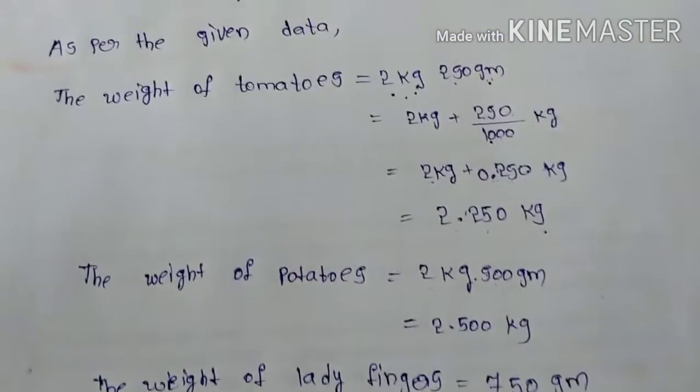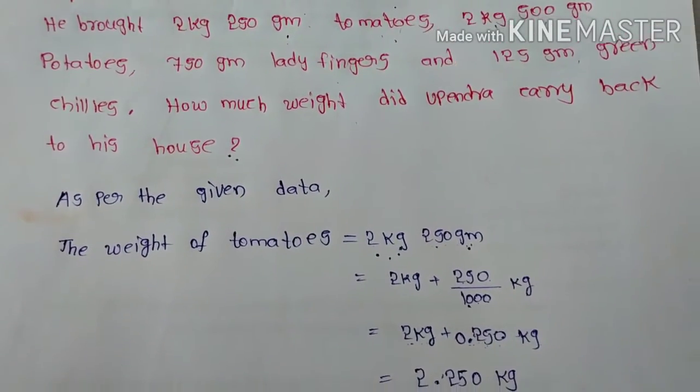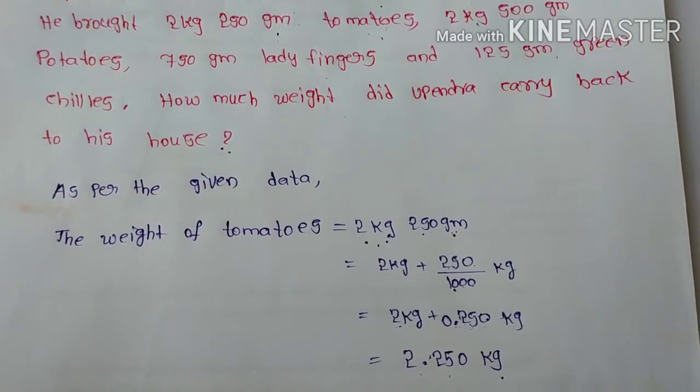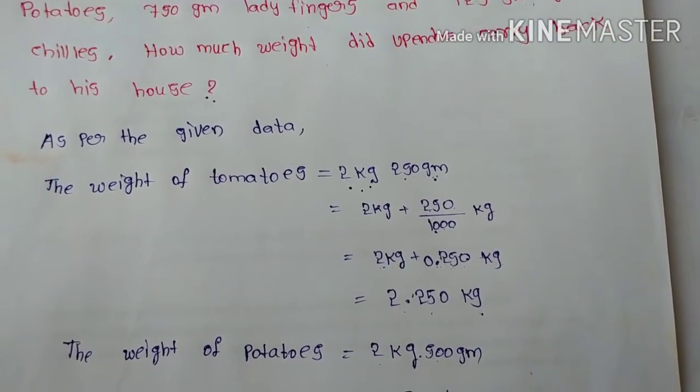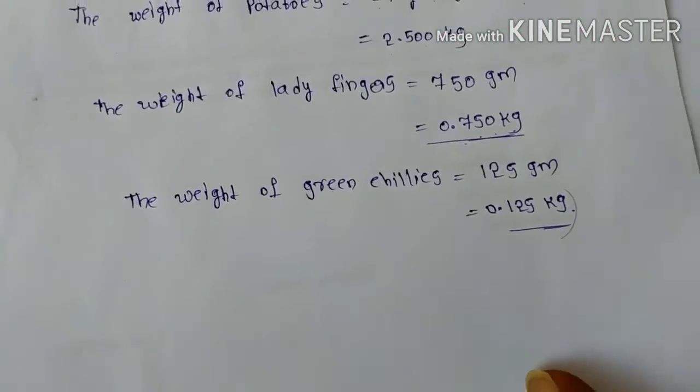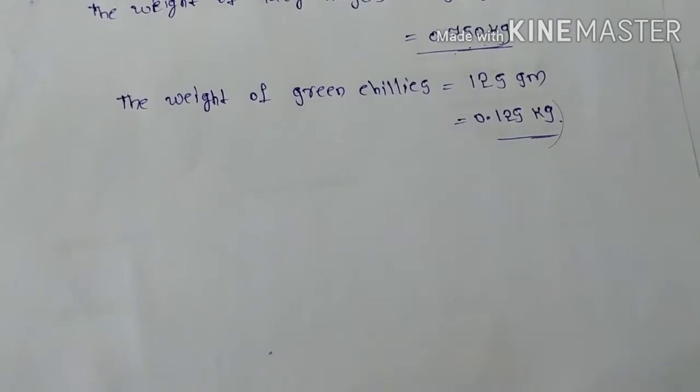And also now they are asking, what is the question? See, how much weight did Upendra carry back to his house? That means you can write here the total weight of the vegetables.